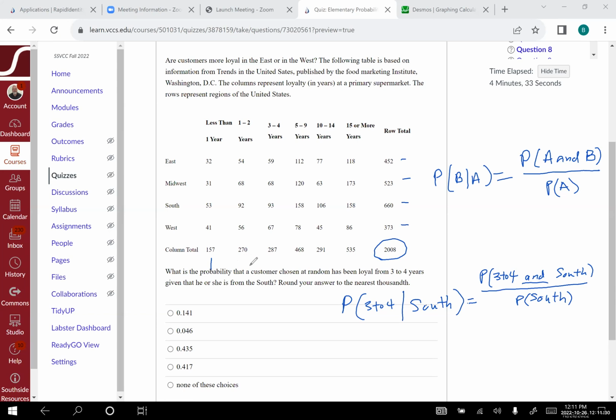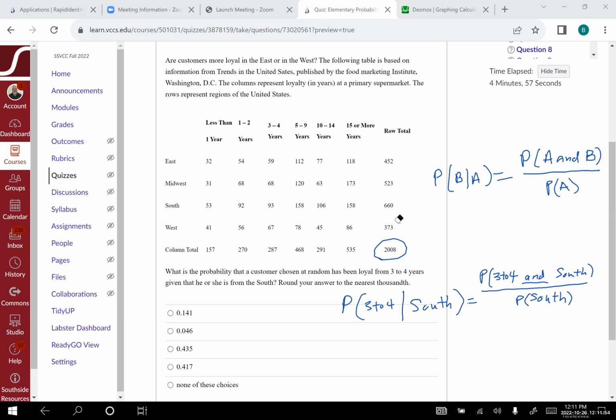And if we added up the column totals this way, that would also add up to 2008. That's the total number in the survey. So that's going to be our denominator, I believe.